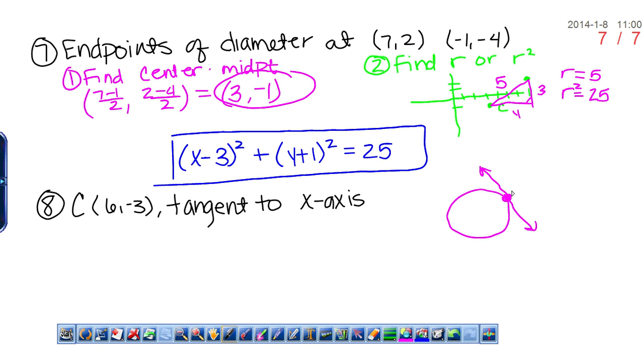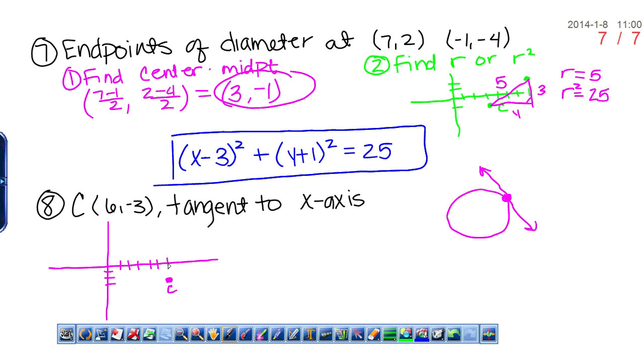All right. So let's see what this is saying. We have a center at 6, negative 3, and it tells me that my circle is tangent to the x-axis. So that means that I have to have one point where?